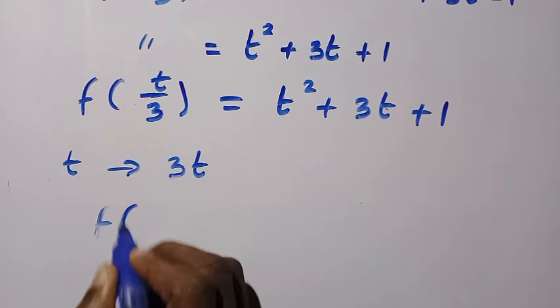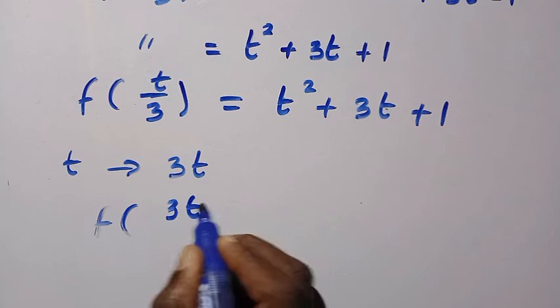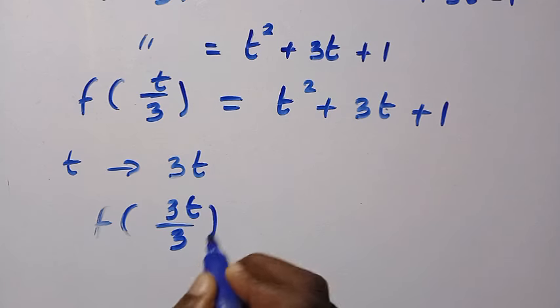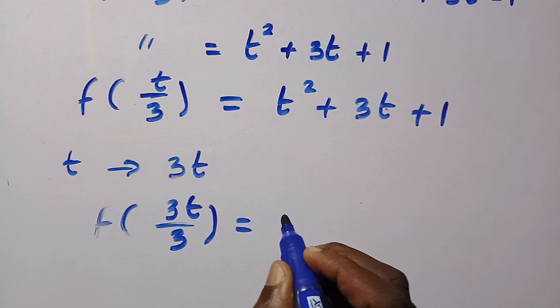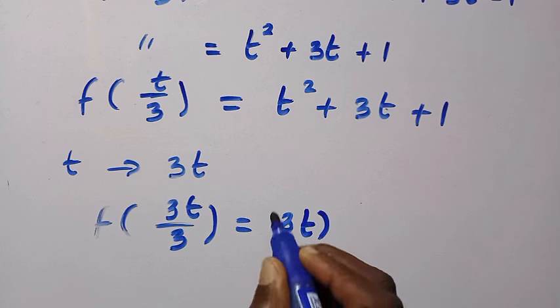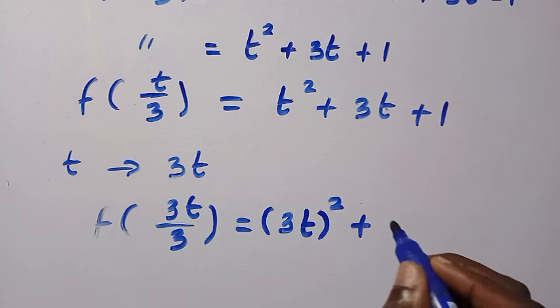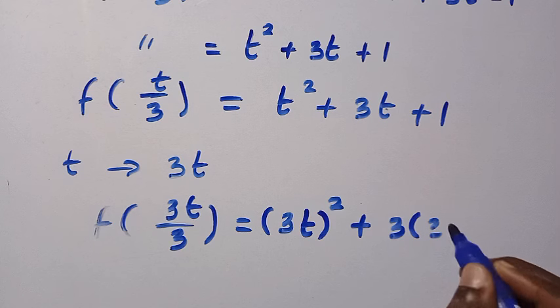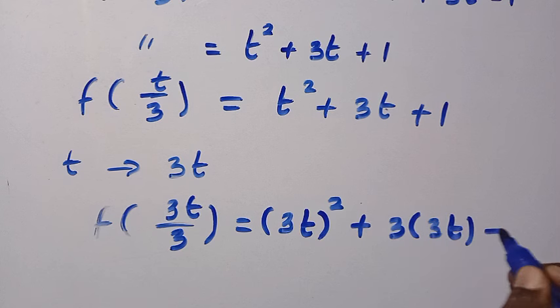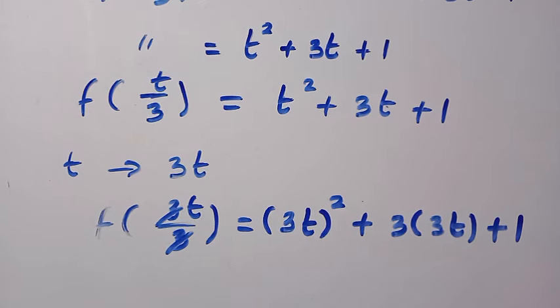And here becomes f of 3t divided by 3 equals, we have this as (3t) squared plus 3 times the bracket of 3t, plus 1. Then 3 cancels 3.